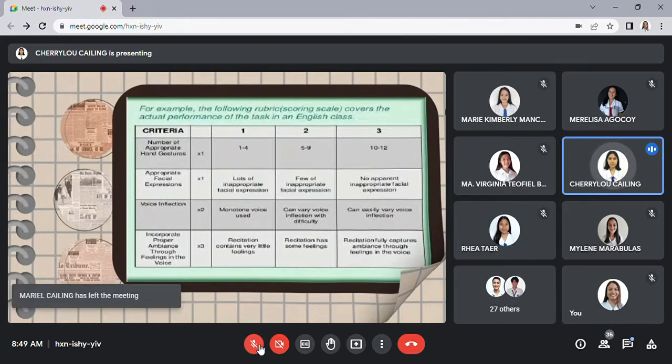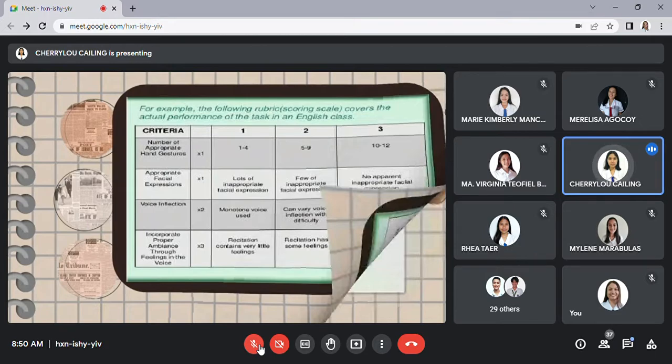So ang last na criteria, which is the incorporate proper ambience through feelings in the voice, ang ihatag na points is times 3 na siya. So sa 1 point, if ang recitation contains very little feelings, na siya 2 points if ang recitation has some feelings, and 3 if the recitation fully captures ambience through feelings in the voice.